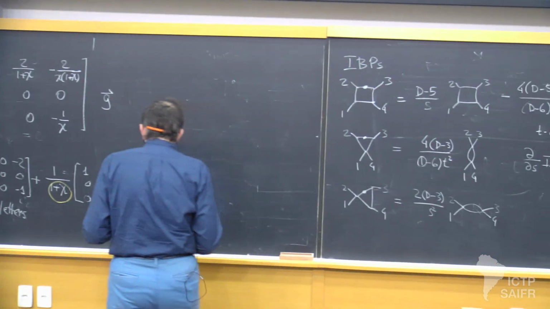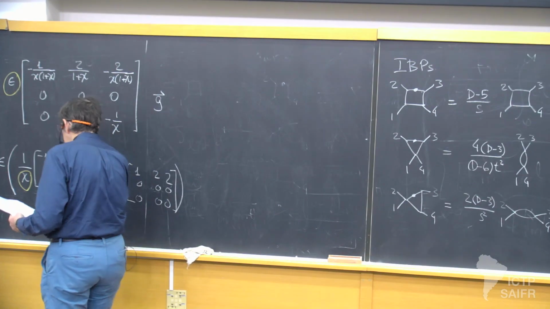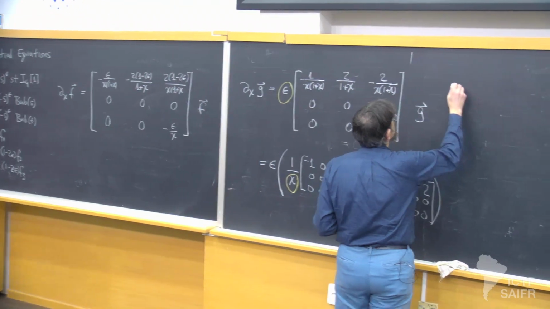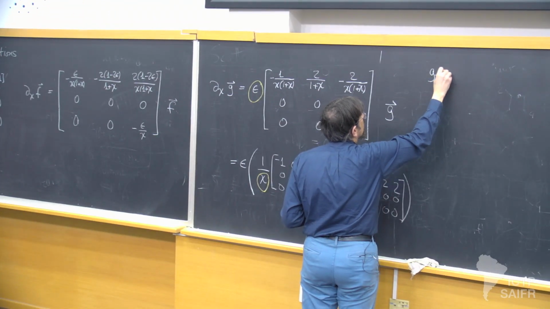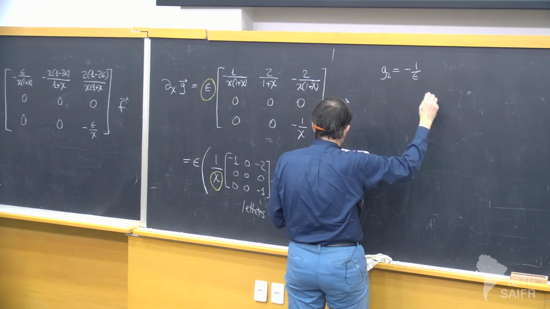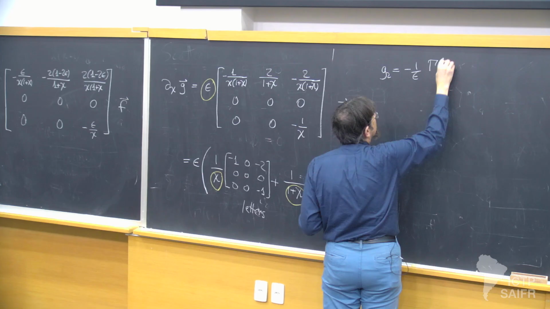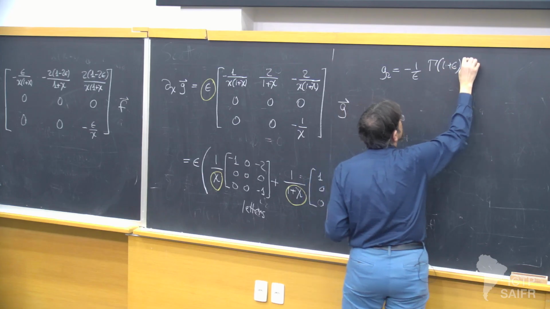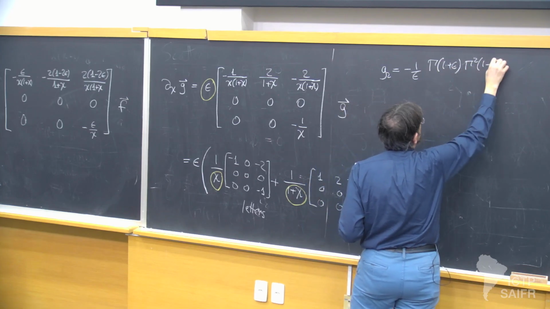And so here, we can just write down the value for G2, which basically involves the well-known combination of gamma functions that shows up at one loop.